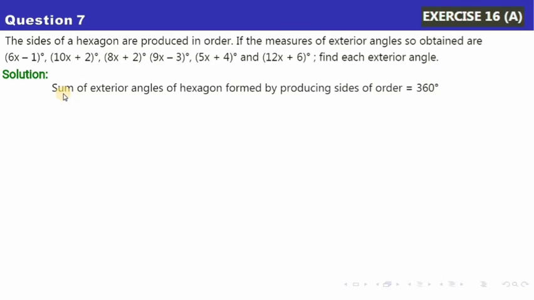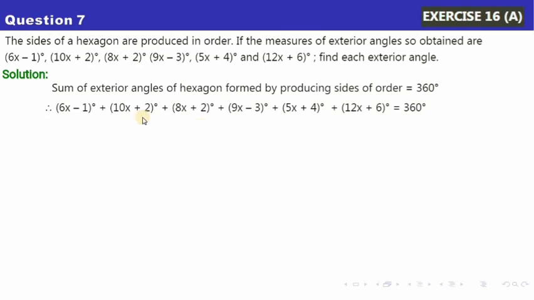You observed that the sum of exterior angles of a hexagon will always be equal to 360 degrees, isn't it? Now all of these are exterior angles, so when you add all these angles, you should get 360 degrees. So that's what I have done here. I have added all these angles and this turned out to be 360 degrees.